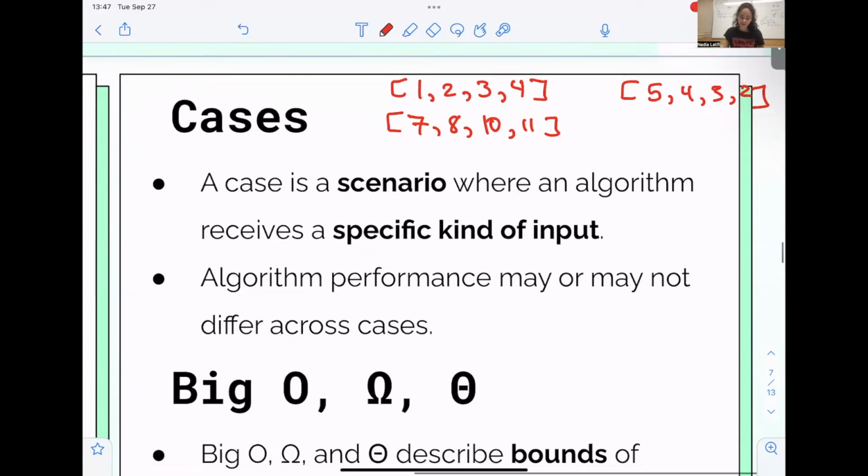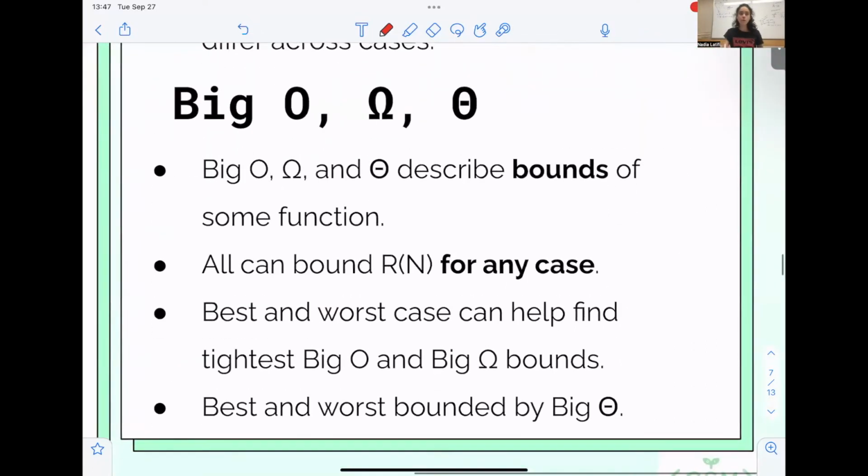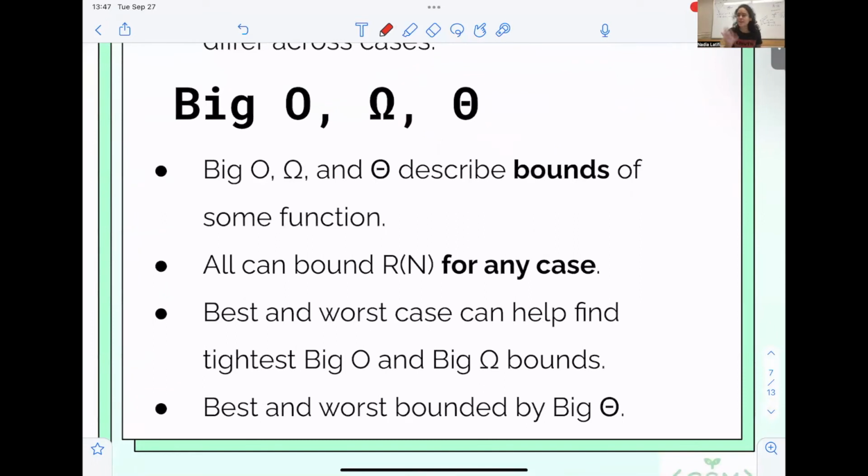Now, big O, big omega, and big theta are tools that we use to describe the bounds of some function. It doesn't even have to be a computer science function. It could be anything. It could be like enrollment, like you see on Berkeley Time, you see those graphs of enrollment as phase 1, phase 2, right?